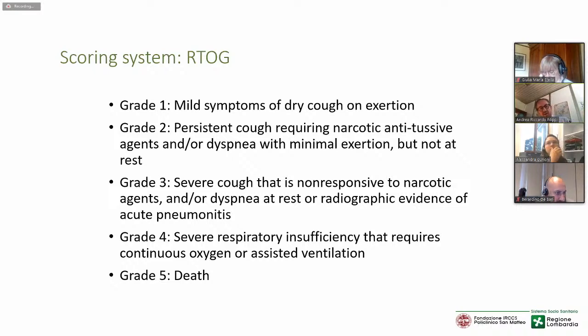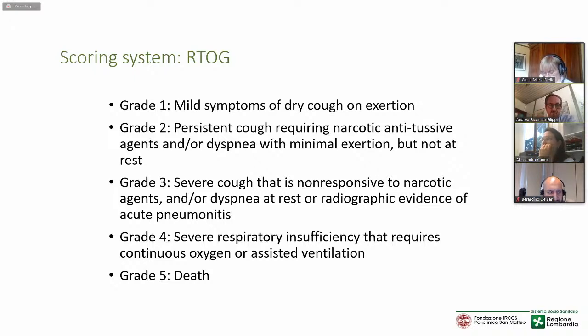Grade 1 and 2 are something that most clinicians regard as a common finding that most of the time doesn't need a true treatment. What we are interested in, obviously, is a grade 3 or grade 4 severe toxicity.